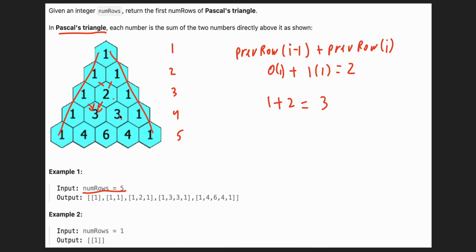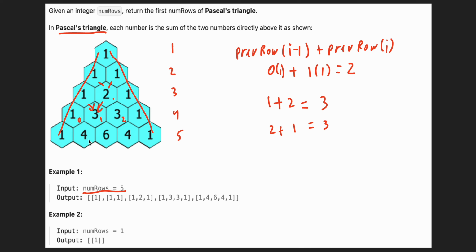The same way here, the index of this 3 is 2, because it's index 0, first index, and the second index. So we are taking previous i minus 1, which is 2, plus whatever is at index 2, which is 1. So 2 plus 1 gives us 3.